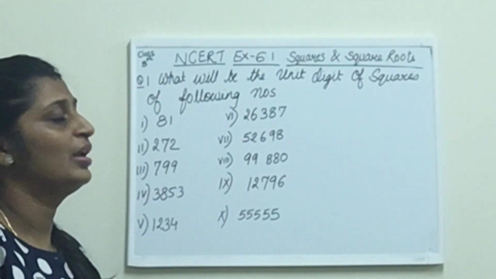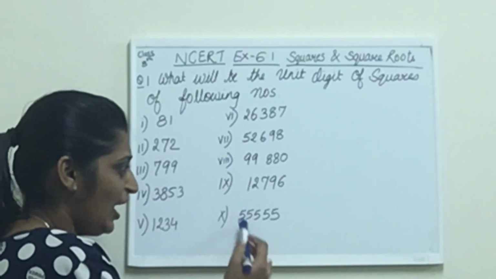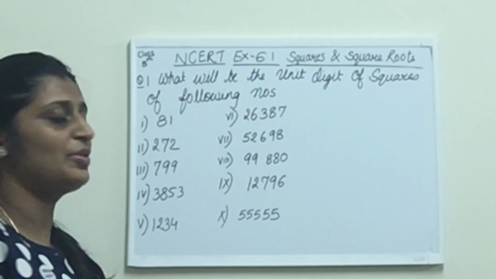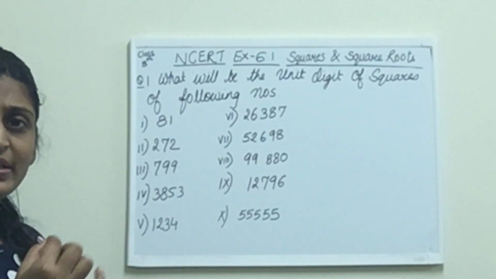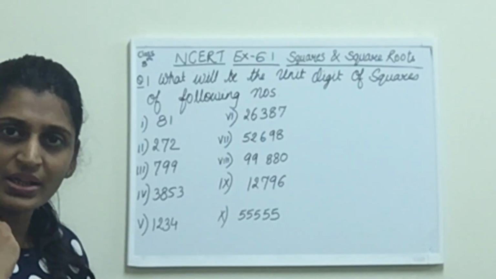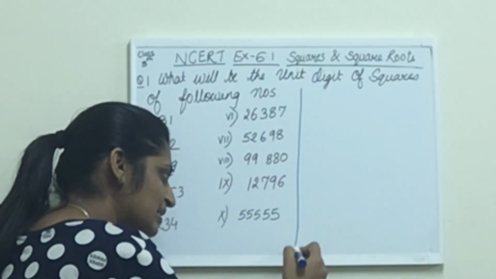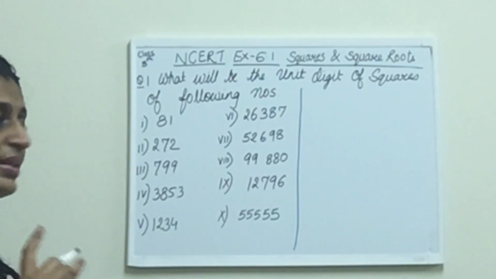So, for this, do you really think we need to solve 55,555 times 55,555? It is very, very hectic. For this, we'll simply use a trick. And the trick we have already learned in our previous video, properties of square numbers.